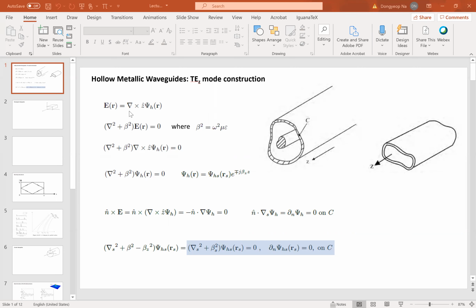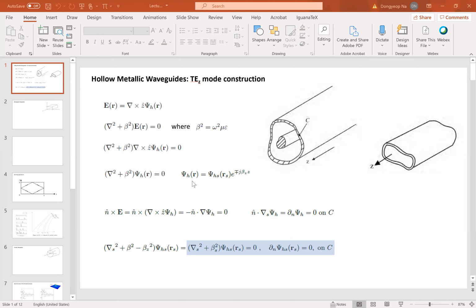If we plug the electric field solution into the Helmholtz wave equation, we obtain this equation, and this scalar field should be a solution of the Helmholtz wave equation as well. And we know that this wave is propagating in the z direction, positive or negative.